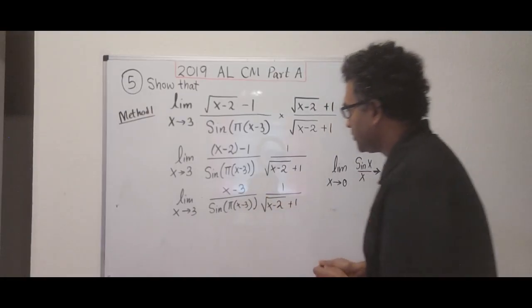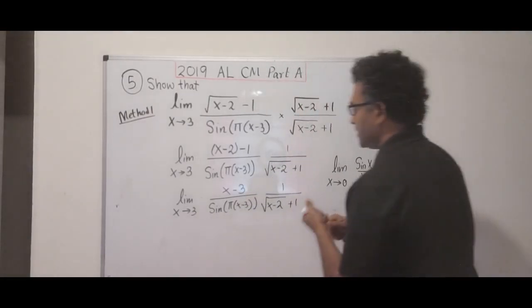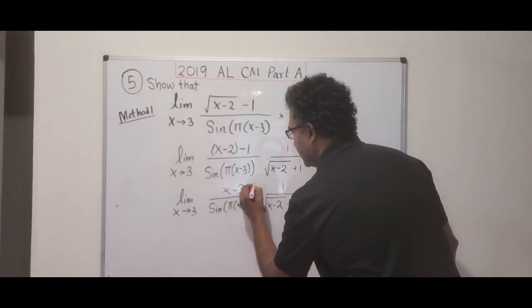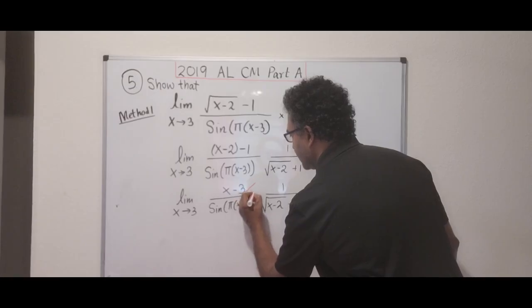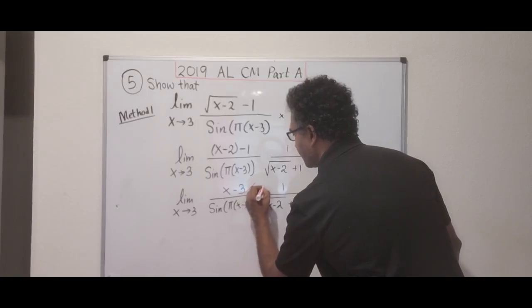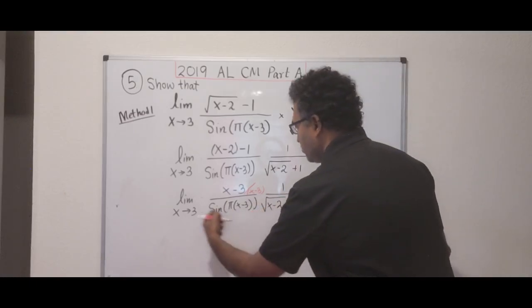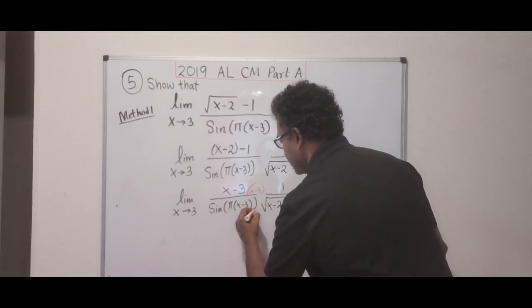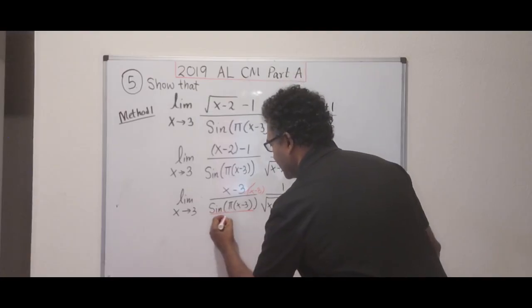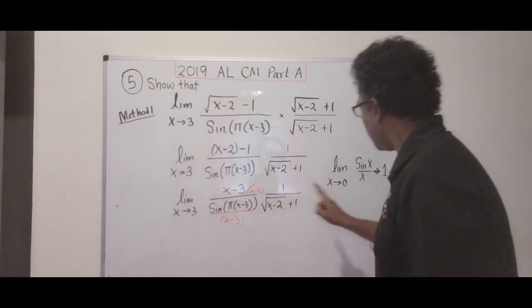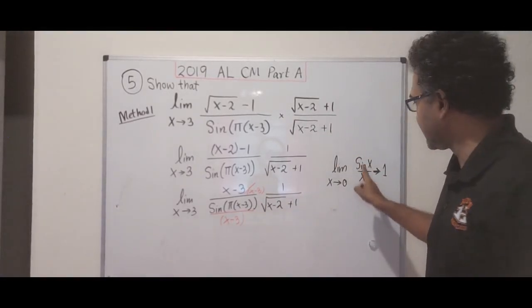So how am I going to do that? This is what I'm going to do. I'm going to divide the numerator by that same expression, x minus 3, and then do the same thing with the denominator, dividing it by x minus 3. And then I'm trying to create sine x over x here.